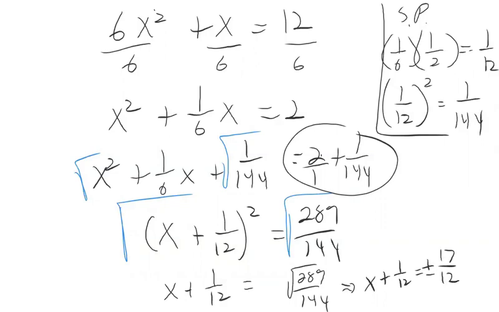So subtract 1/12 from both sides, and x equals -3/2 and 4/3.